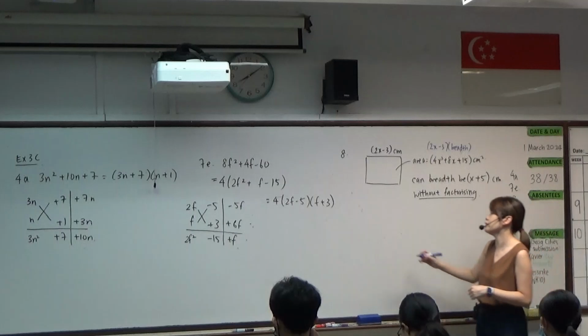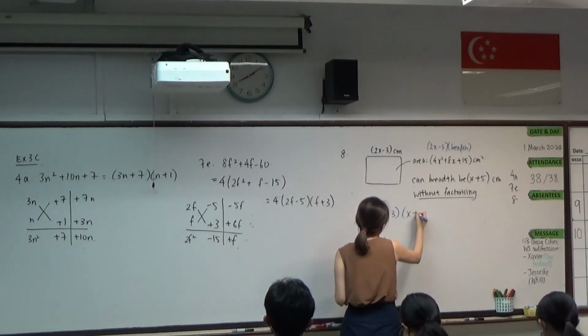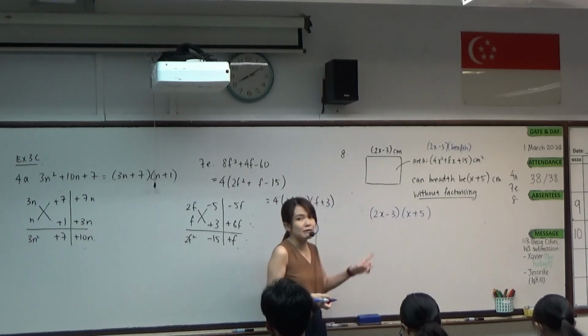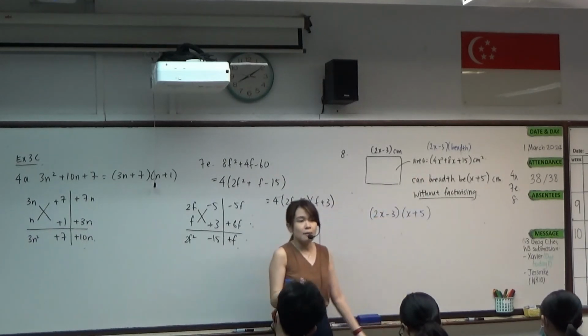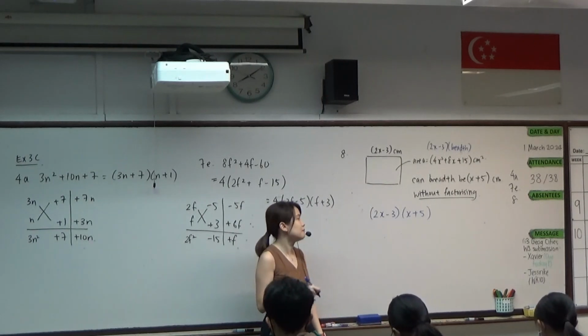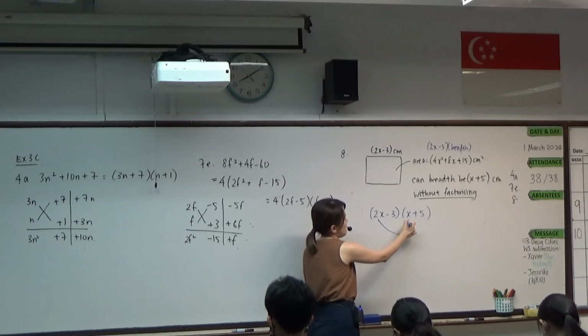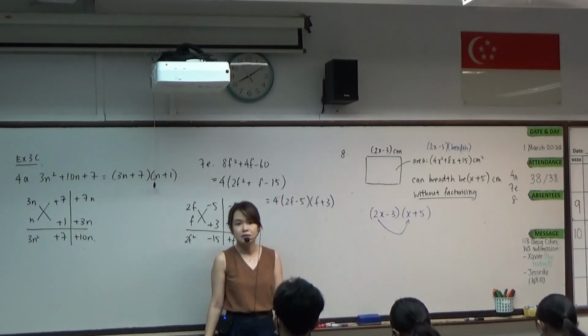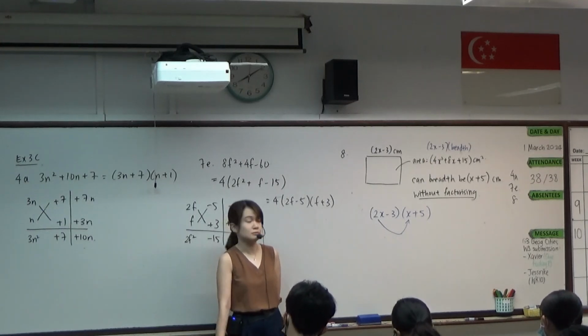Now how do we do this expansion? Okay, so by right, if I expand, right, I will be able to get this, right? But based on our expansion method, we know that we're going to take 2x multiplied by x, right? 2x multiplied by x. But what is 2x multiplied by x? 2x squared.